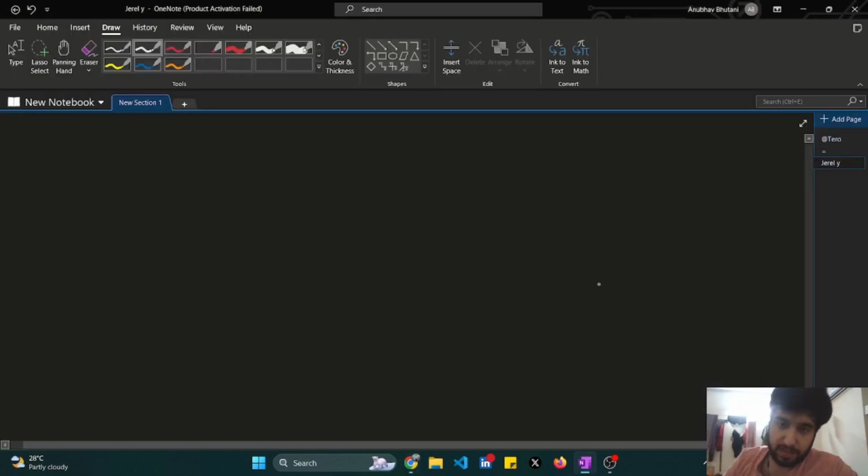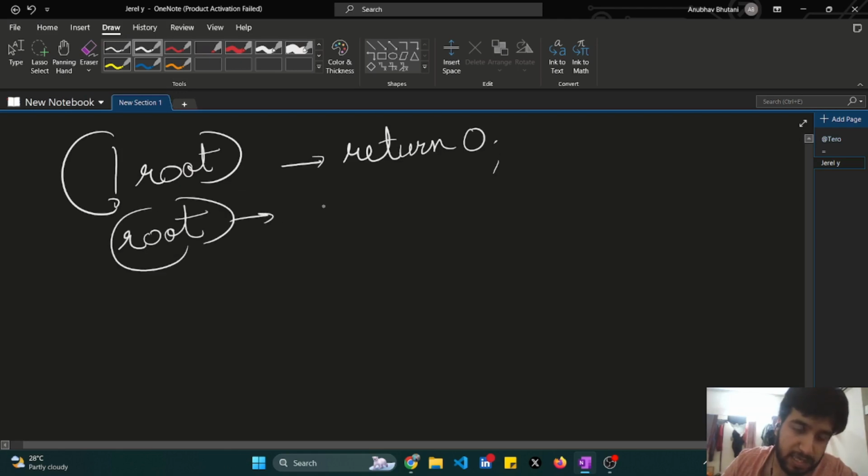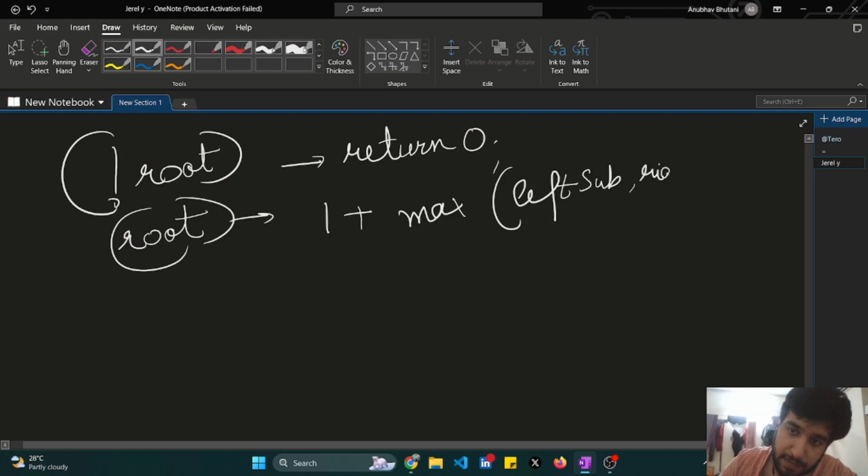If I try to summarize, if there is no root, I'll simply return 0. And if there is a root, this root will be consisting of one level, and I will be considering the max of left subtree comma the right subtree. So I'll have to perform the same function again and again.